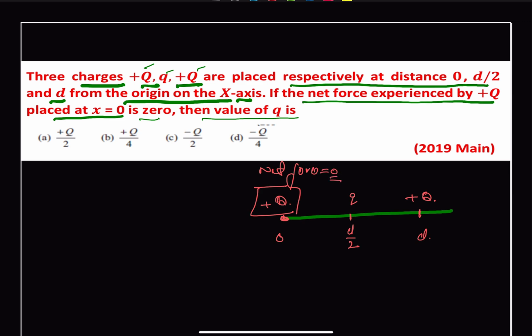Under this condition we have to find out the value of small q. So we know the general formula of the force. We can say that force F is equal to K Q1 Q2 upon R square.